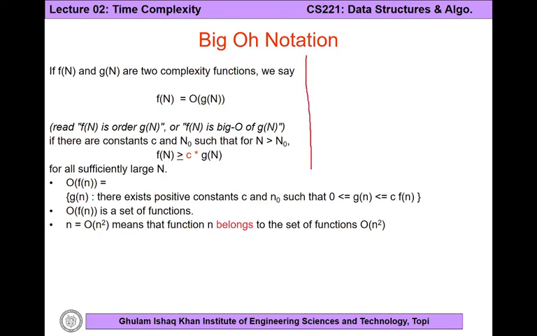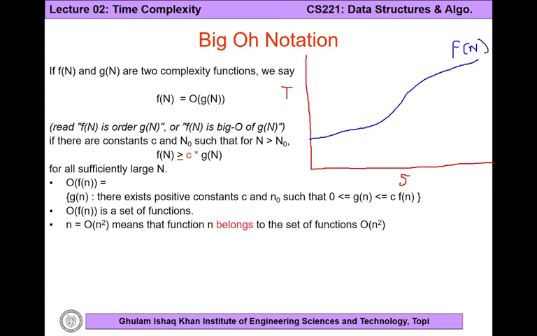Now I am sure that you could not understand this, so let me draw it here. This will be the time, and this will be the size of the input. Let me draw a line, and let me draw it in blue. This is the line, and let me call this line f of n.